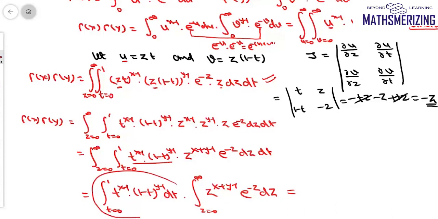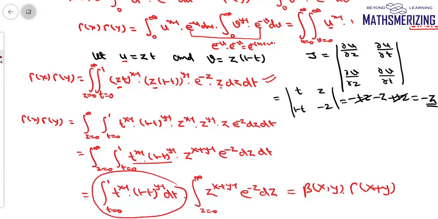Now this function, the integral from 0 to 1 of t to the power x minus 1, (1 minus t) to the power y minus 1 dt, is nothing but the beta function. So this is beta(x, y), and then z to the power x plus y minus 1 into e to the power minus z dz, where z varies from 0 to infinite, is nothing but gamma x plus y.